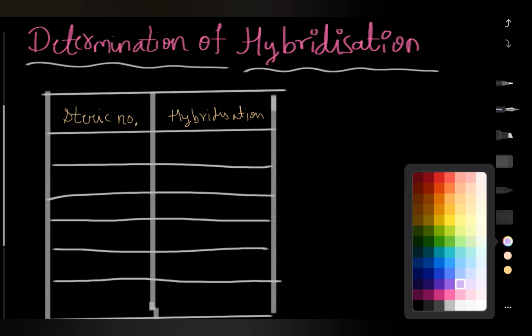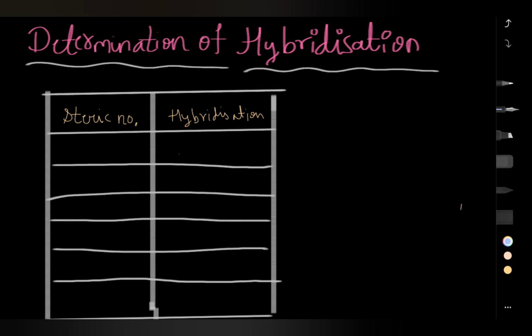What is the steric number? Number of sigma bonds plus lone pairs. If it is 2, what happens? If it is 3, 4, 5, 6, 7, what happens? If it is 2, the hybridization is sp.